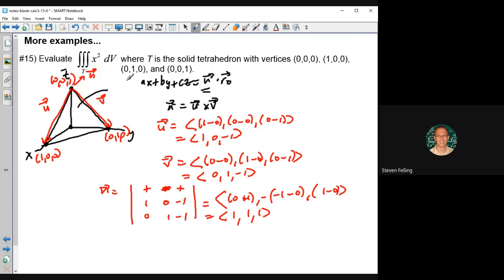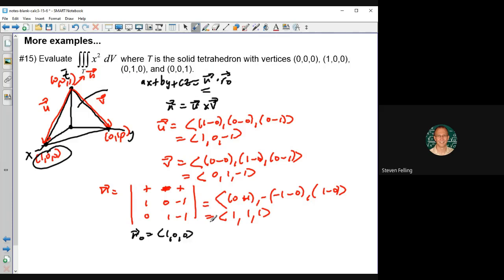And that means that to get the equation of the plane, I could pick a point on the plane. It doesn't really matter which one I pick. How about this one. So my r0 will be 1, 0, 0.